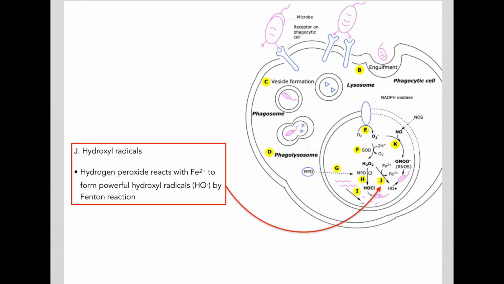In addition, the hydrogen peroxide will react with ferrous iron by the Fenton reaction to produce hydroxyl radicals. So not only do we get HOCl and lysosomal enzymes, now we also have this very powerful hydroxyl radical that will help break down the ingested material.